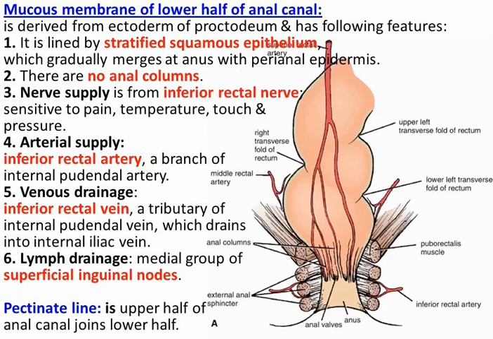Arterial supply, inferior rectal artery, a branch of the internal pudendal artery. 5. Venous drainage, inferior rectal vein, a tributary of the internal pudendal vein, which drains into the internal iliac vein. 6. Lymph drainage, medial group of superficial inguinal nodes. The pectinate line is where the upper half of the anal canal joins the lower half.